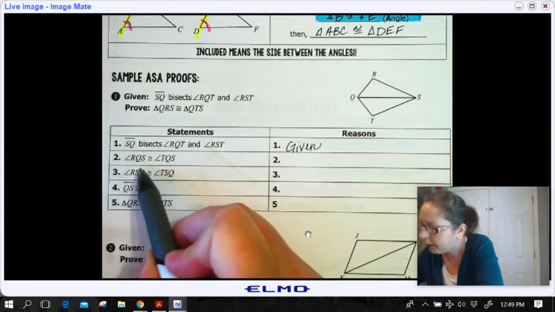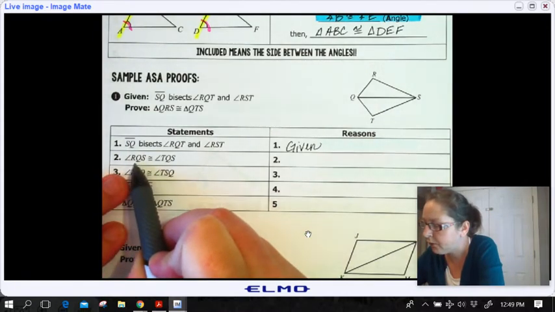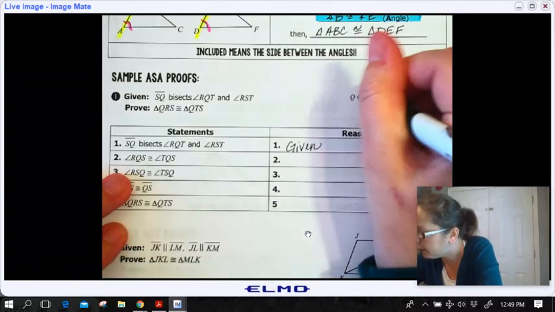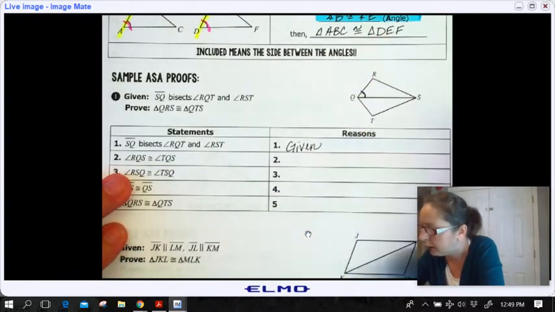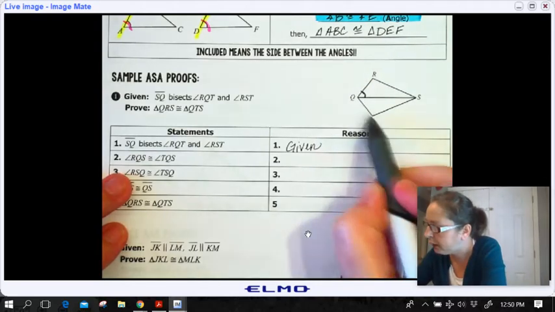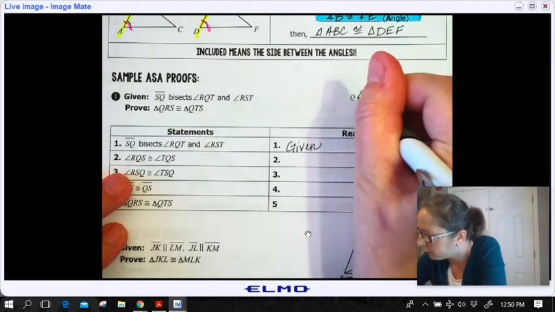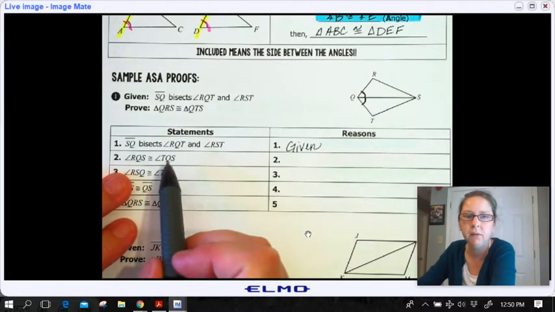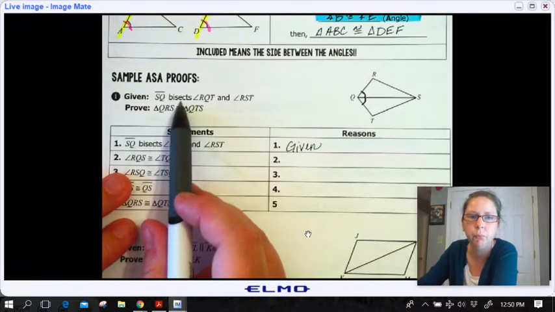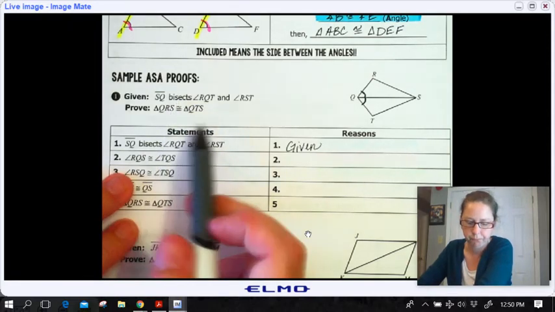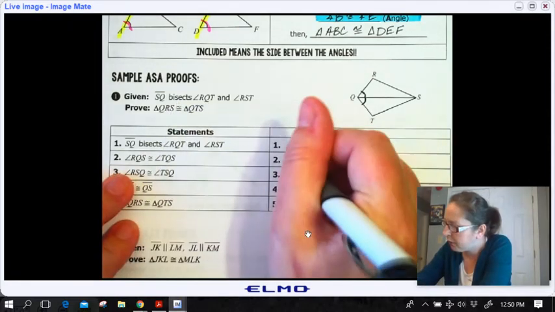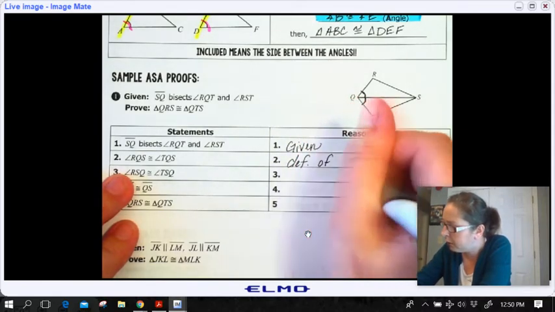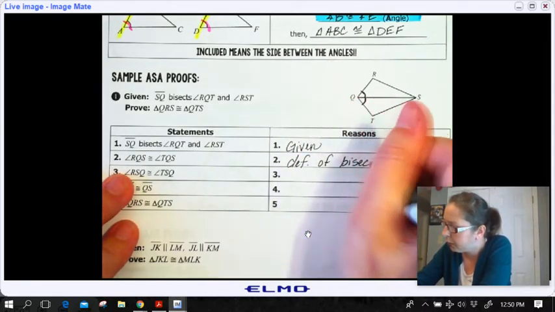Well, this tells me next that angle RQS right here is congruent to angle TQS. I can say that because that is the definition of a bisector.